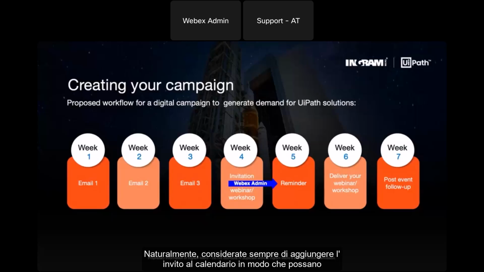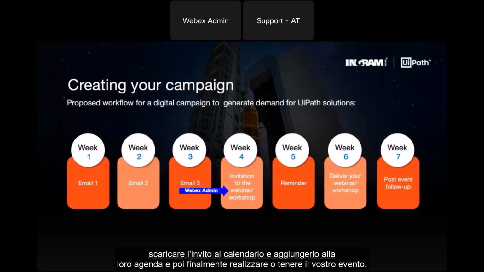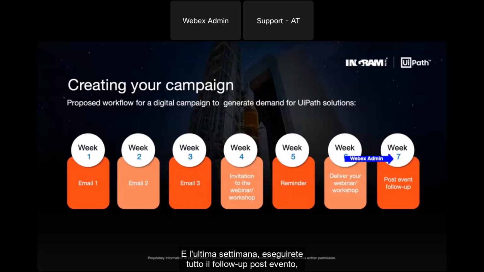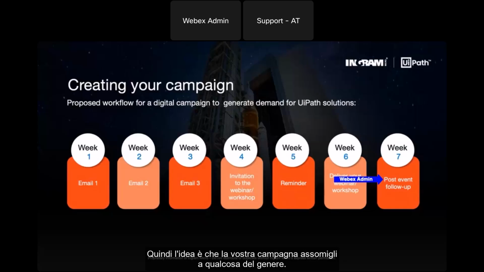Of course, always consider to add the calendar invitation so they can download that calendar invitation and add it to their agenda, and then finally deliver or run your event. And on the last week, you are going to perform all the follow-up post event, right? The emails, the calling, everything that we just mentioned. So the idea is that your campaign is going to look something like this.